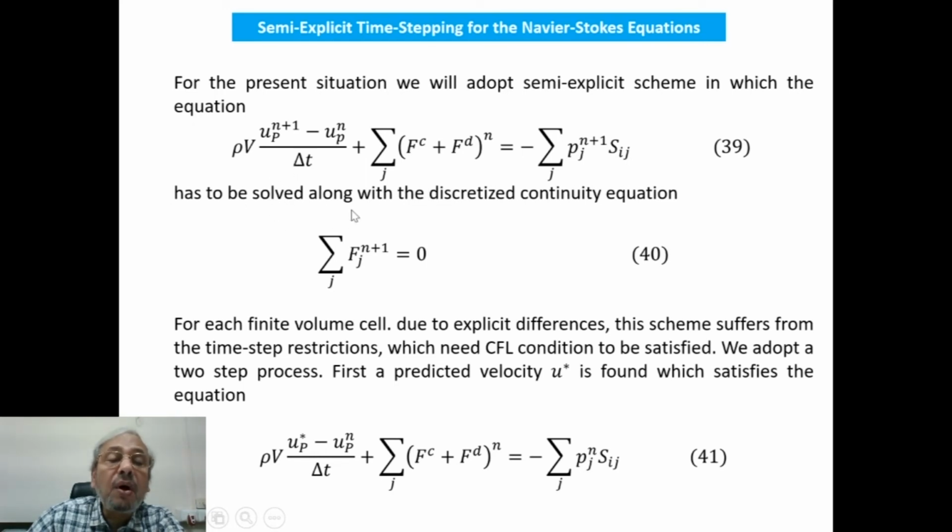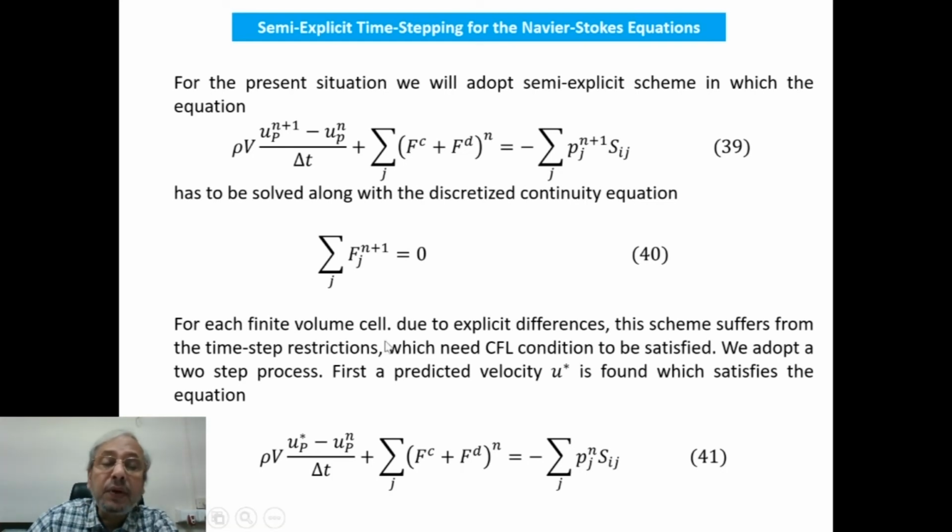This has to be solved along with the discretized continuity equation. But at the moment, we do not have the value of Fj over all the confining surfaces at the n plus 1th level. We know it at the nth level.